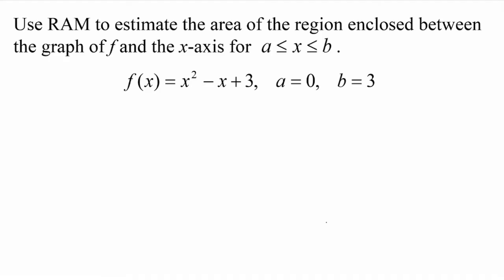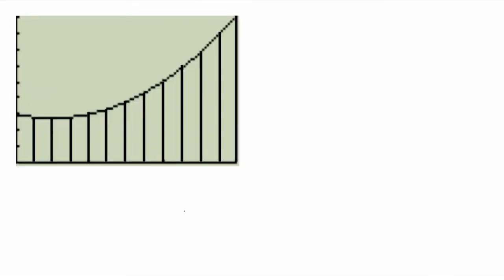Use rectangular approximation method to estimate the area of the region enclosed between the graph of f and the x-axis for x on the closed interval from a to b. f of x is x squared minus x plus 3, and it looks like we're traveling from 0 to 3. So again, let's use 12 rectangles to approximate the area under this curve from x equals 0 to x equals 3.